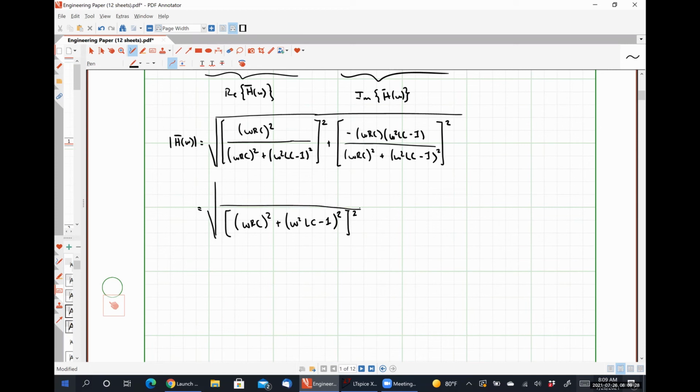For our numerator, we are going to have omega RC squared plus omega RC squared times omega squared LC minus 1 squared. And I wrote it out in that odd looking form so that we can pretty easily see.